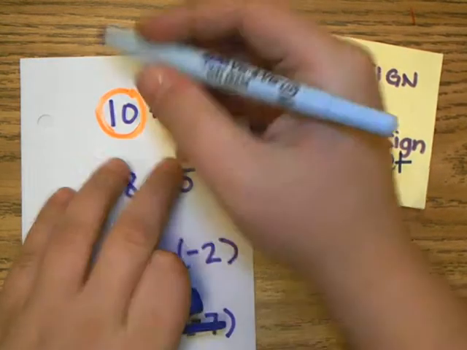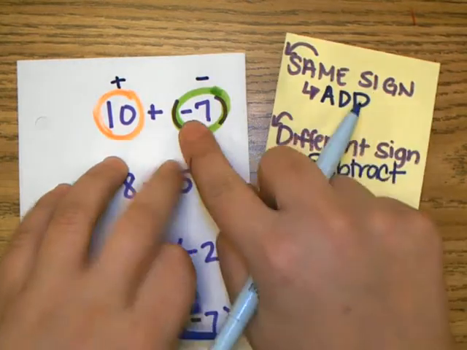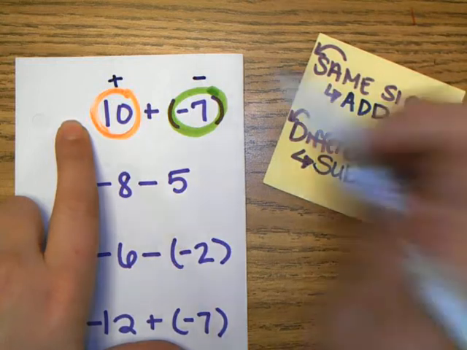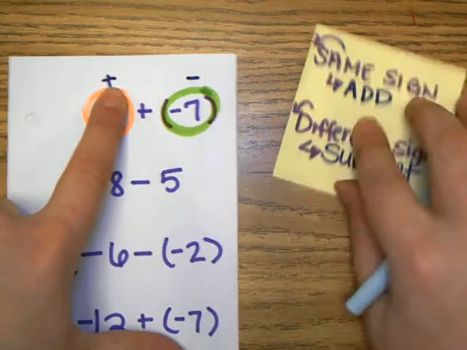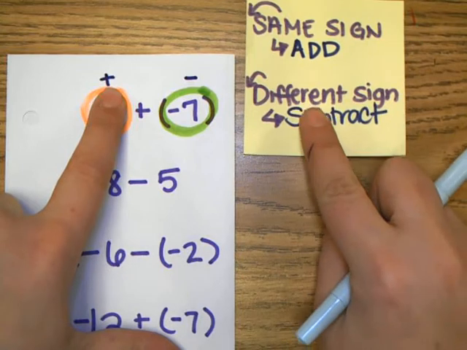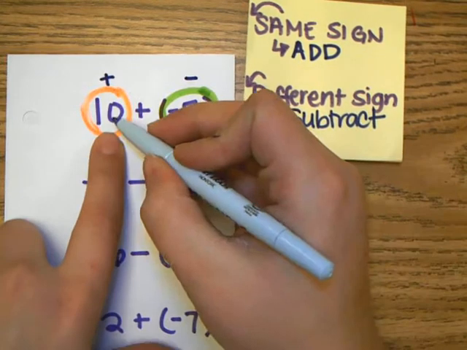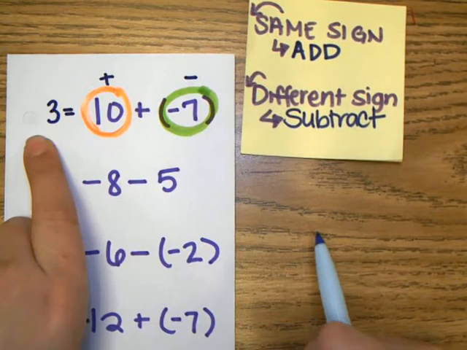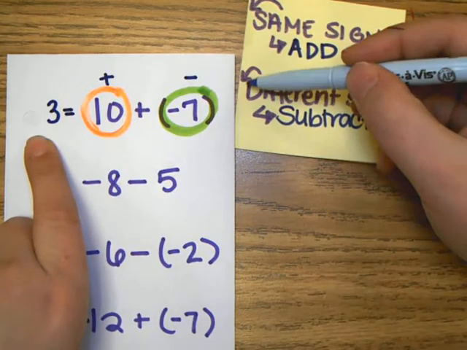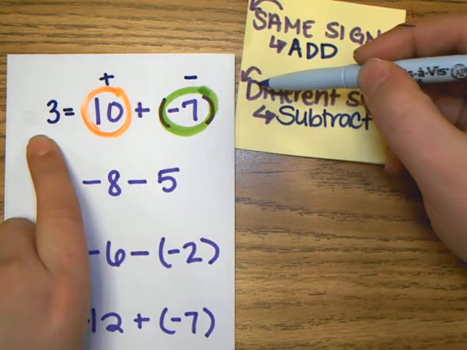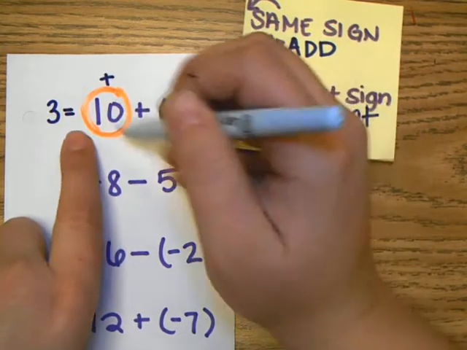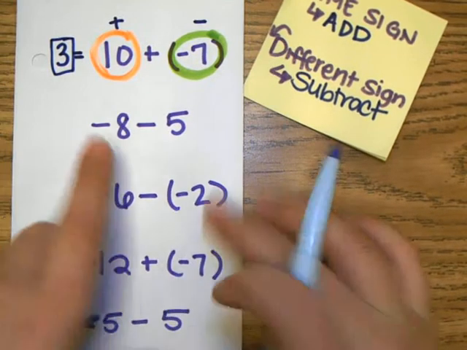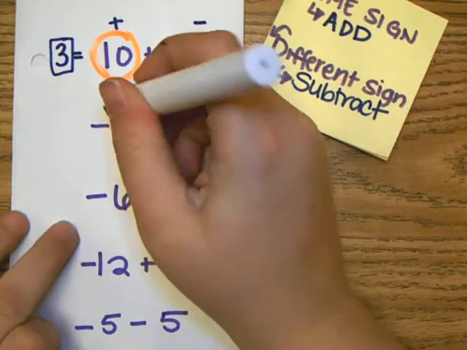So 10 is positive, and this is negative. Remember, a number is automatically positive if it has nothing in front. So they are different signs, so we are going to subtract. 10 take away 7 is 3. Then we're going to look in front of the larger number, which is 10. So the answer to this is positive 3.